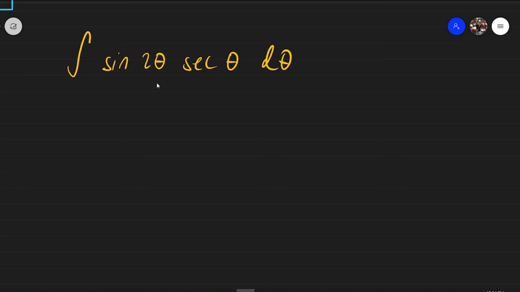So what you will do is try to manipulate one of the two functions, sine or secant. You have to manipulate in such a way that you arrive at a function wherein the arguments are all the same. Now, you might ask, which one should be manipulated, the sine or the secant?